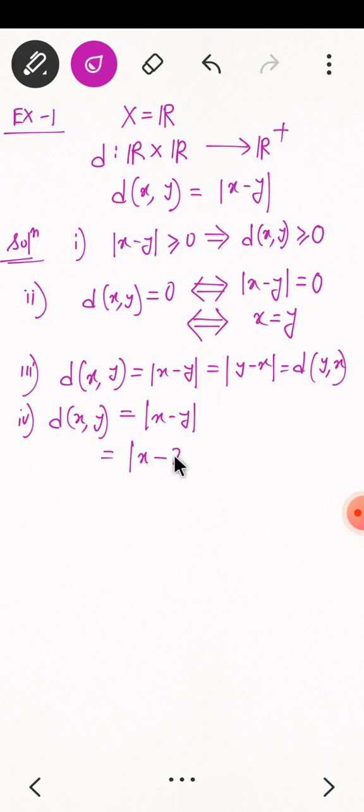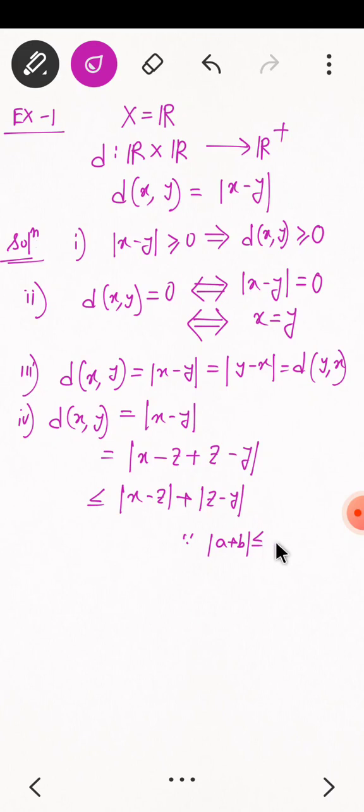Now we introduce z, which gives mod of x minus z plus z minus y, since mod of a plus b is less or equal to mod a plus mod b.